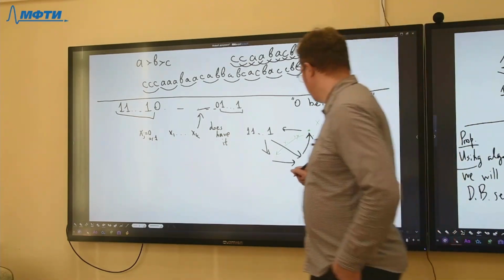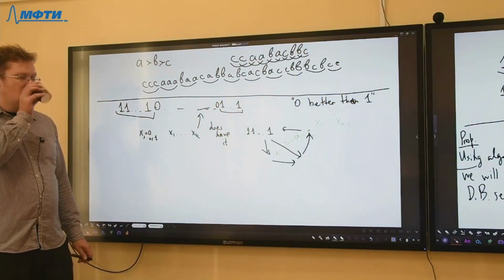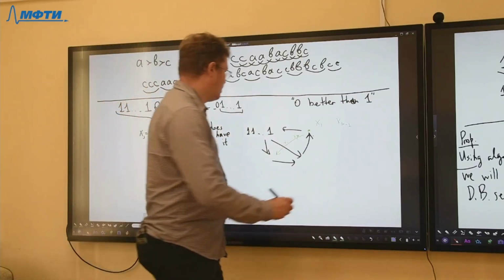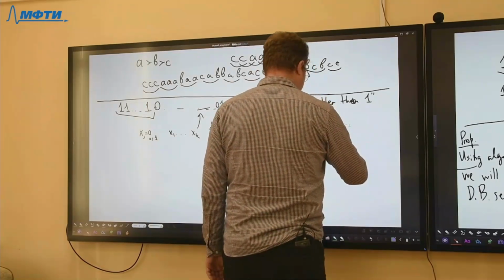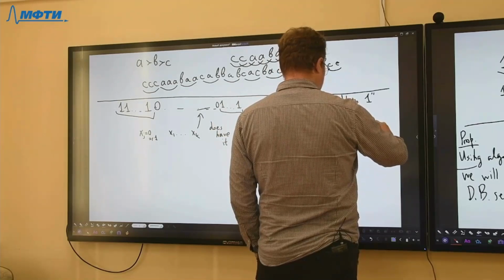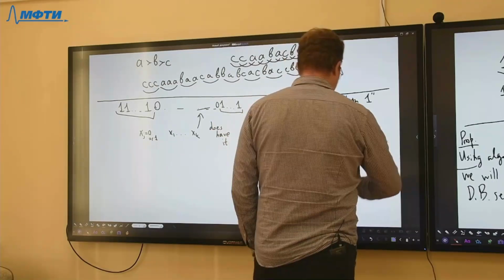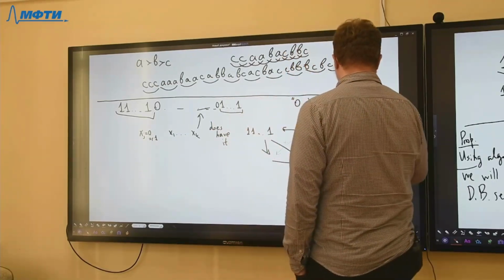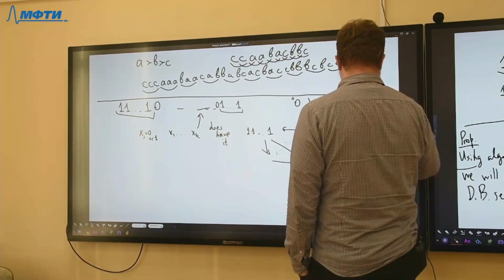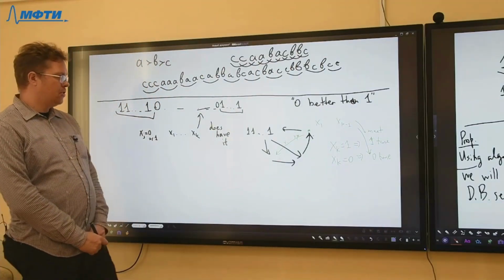So we have two options. If xk is equal to 1, then we meet this vertex one time, and if xk is 0, then we don't meet this vertex at all.